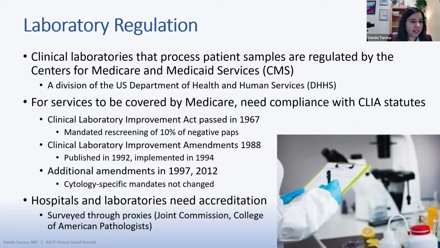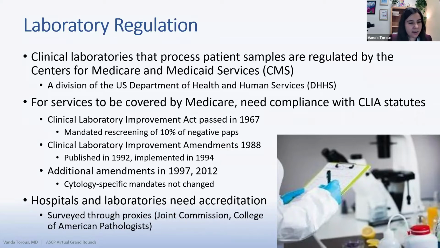This is one of 11 divisions of the U.S. Department of Health and Human Services, which also includes things like the NIH, FDA, and CDC. So for services to be covered by Medicare, we need compliance with CLIA statutes. And CMS actually covers about 40% of Americans. So, it's a significant proportion of patients.